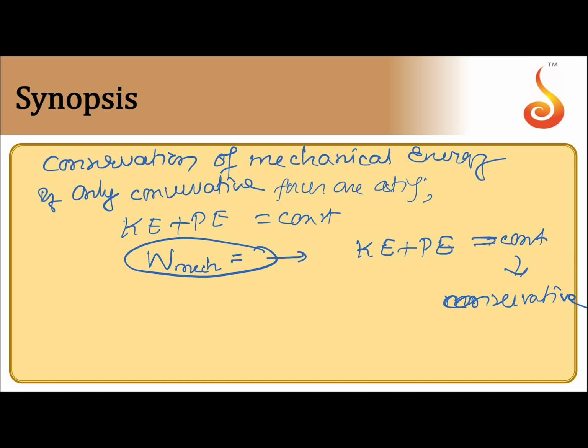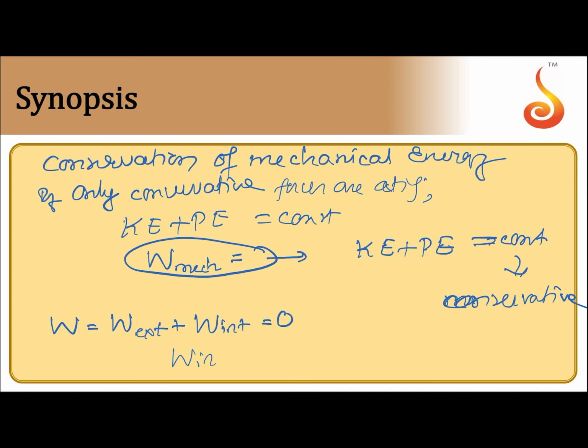We can actually write it like this: for internal forces and for external forces, net work done is equal to external work done plus work done by the internal forces is equal to 0.